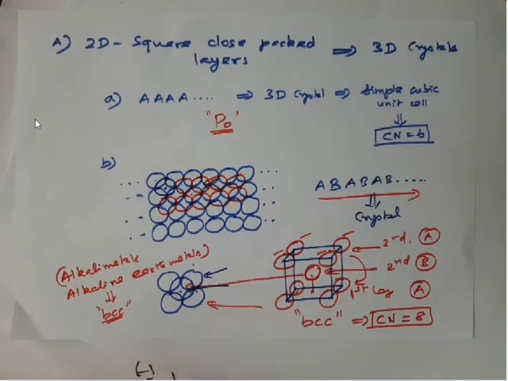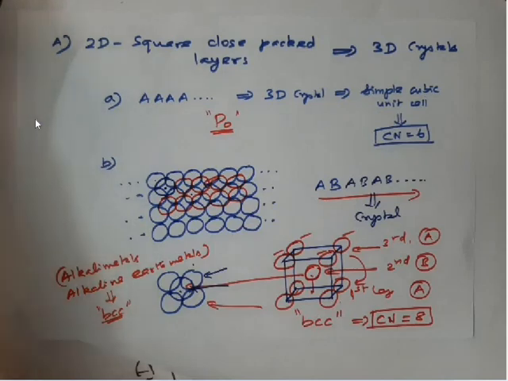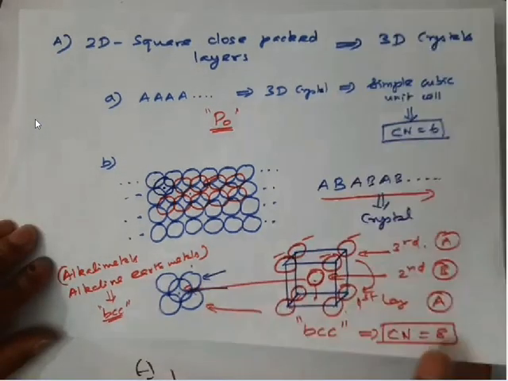No doubts, sir. Right. Now we'll go to the next type of arrangement, called construction of a 3D crystal using 2-dimensional hexagonal close packed layers. Let me write here.